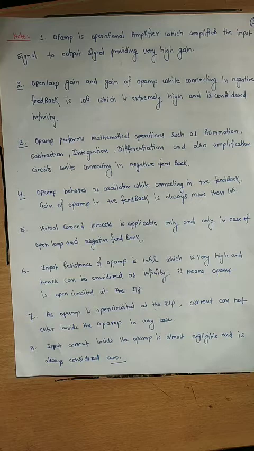Now see this point. Here current I1 is there, IF is there, IN is there. So IN is 0 because no current can enter inside the op-amp. So I1 is equal to IF. This is the very basic rule for op-amp.